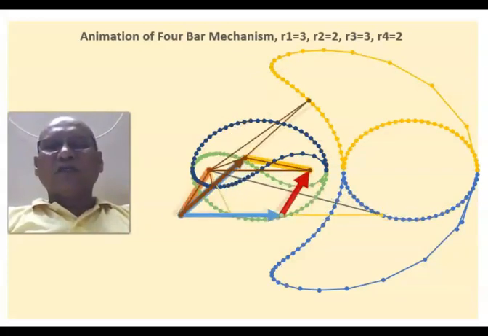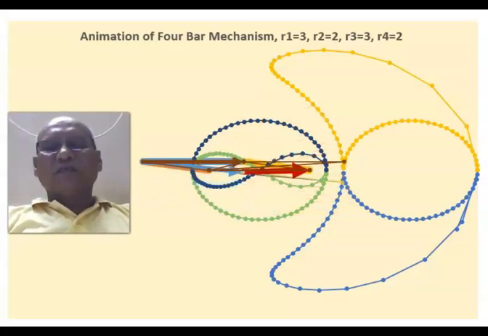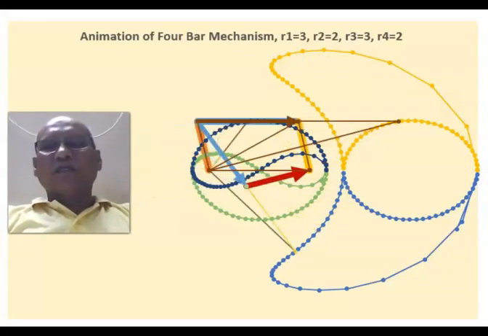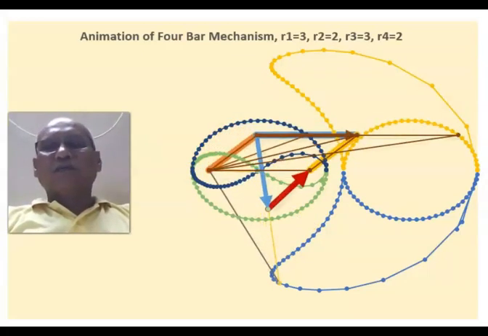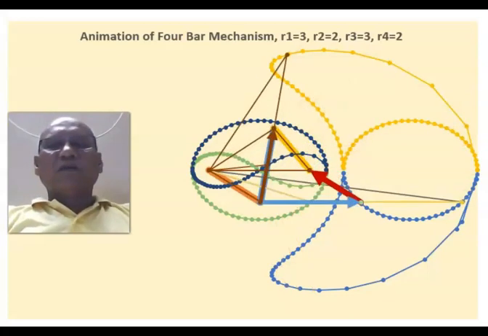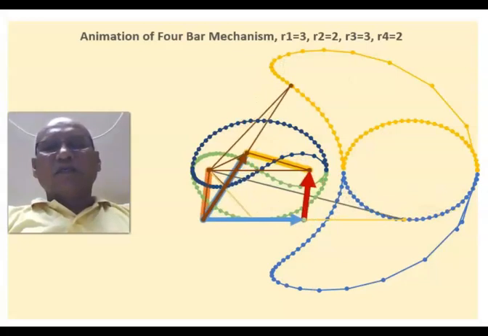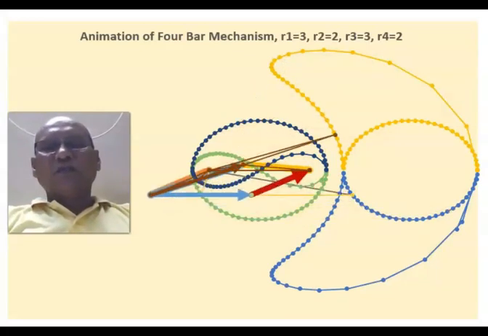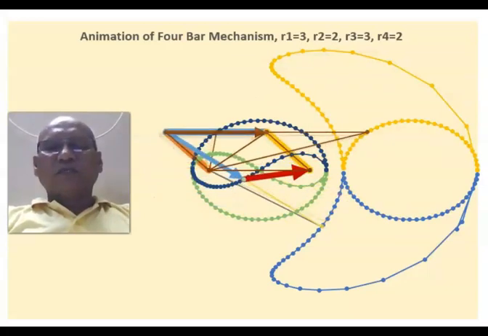We can do it in MS Excel itself without any additional knowledge. The only thing is, you have to know the tricks of how to do that. So this is the solution of the four-bar mechanism, and now I will be switching to the quartz mechanism.